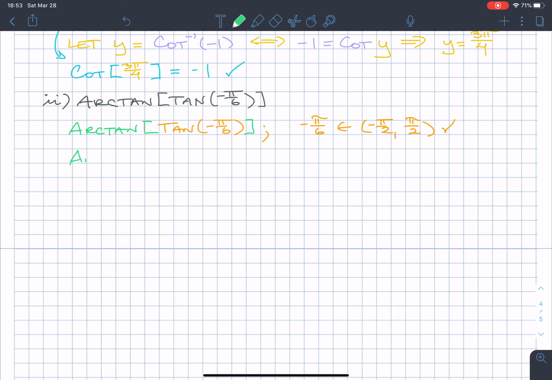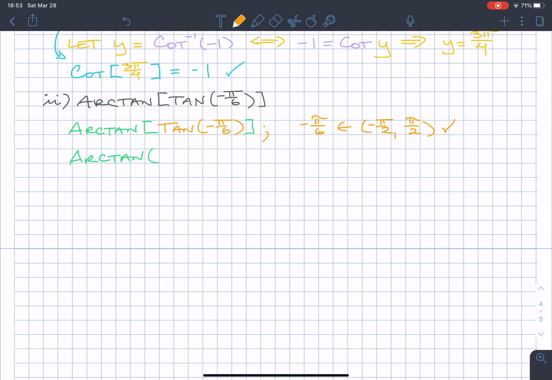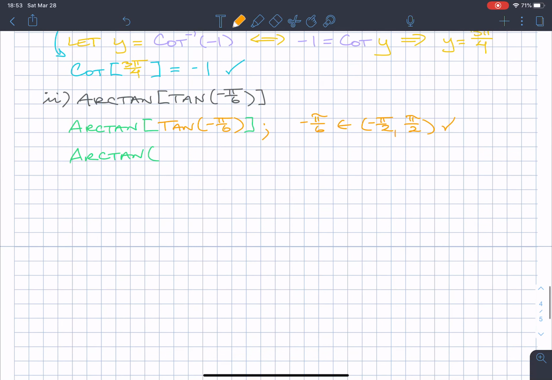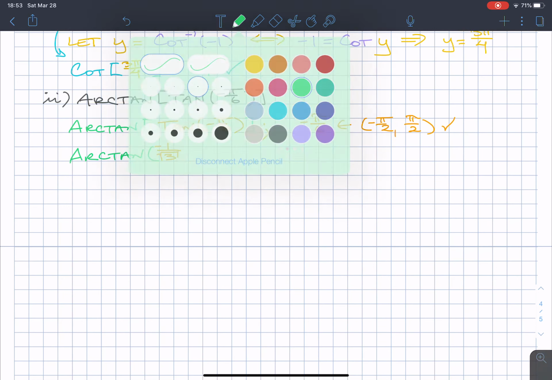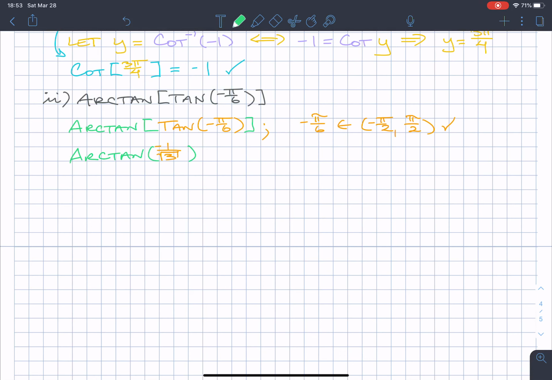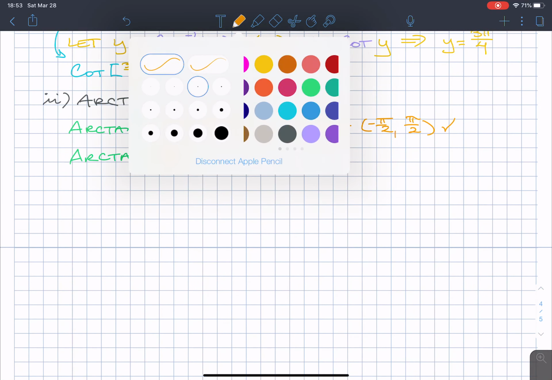Okay, so what do we get? We get arctan of, what's tangent of negative pi over 6? Well, I know that sine of negative pi over 6, the 30-degree reference angle, is negative 1/2, divided by cosine, which is positive root 3 over 2, so I claim it's negative 1 over root 3, unrationalized. Okay, so let's call this y.